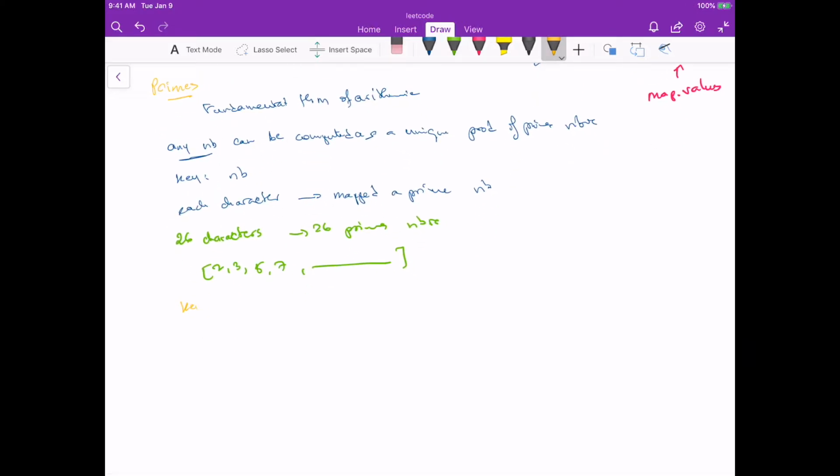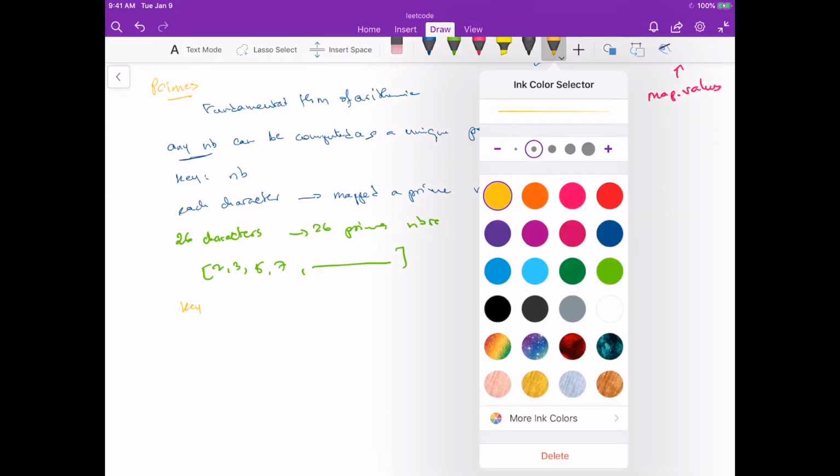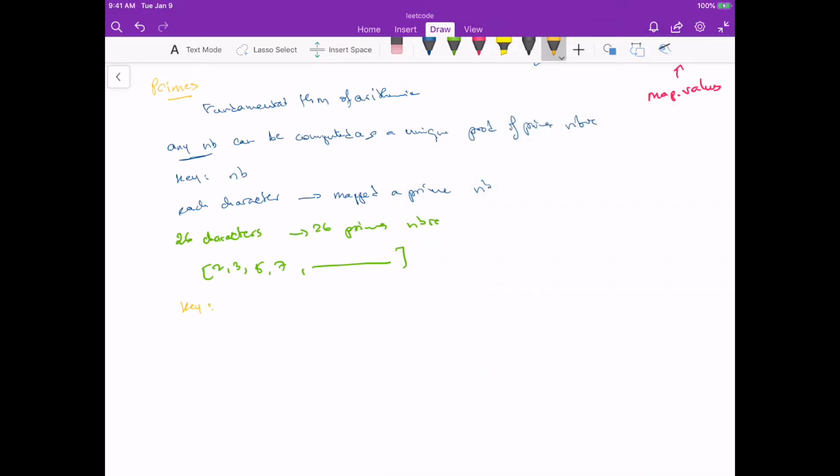So our key would be something like, for eat, let's say A corresponds to 2, B to 3, and C to the next prime. A would be 2, and since it occurs only one time, to the power of 1, times T, which let's say I can't know exactly, but it's just some prime number, one of these prime numbers somewhere here, to the power of 1, since T occurs only once.